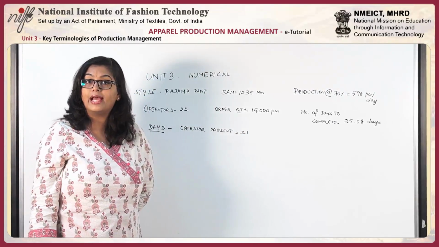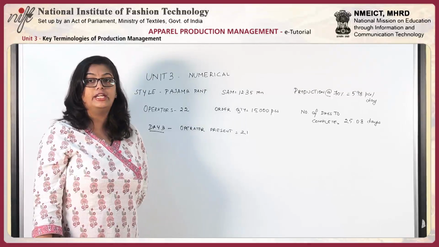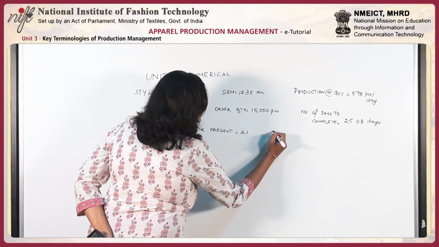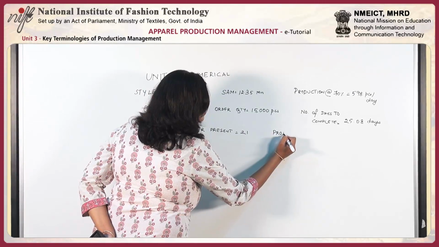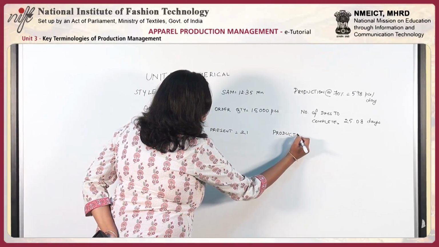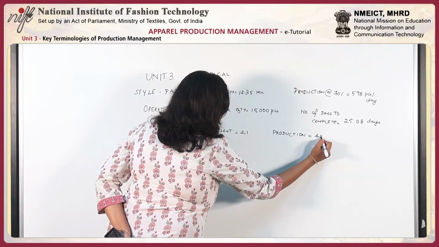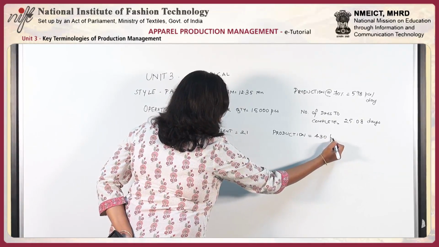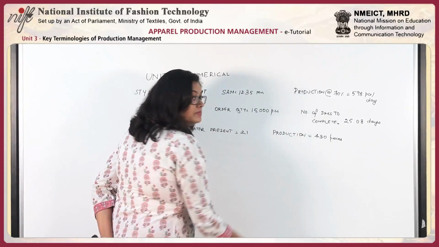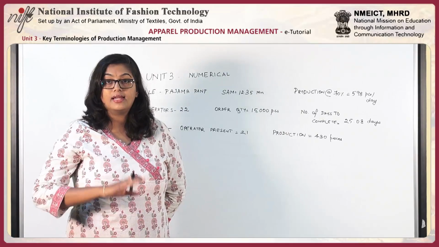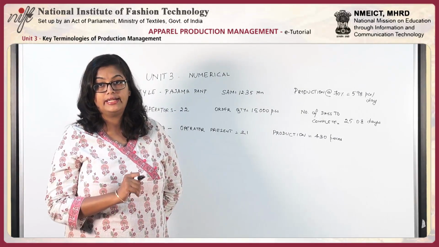And the production that has been achieved on that particular day is 430 pieces. Let us also analyze and understand the off-standard data.